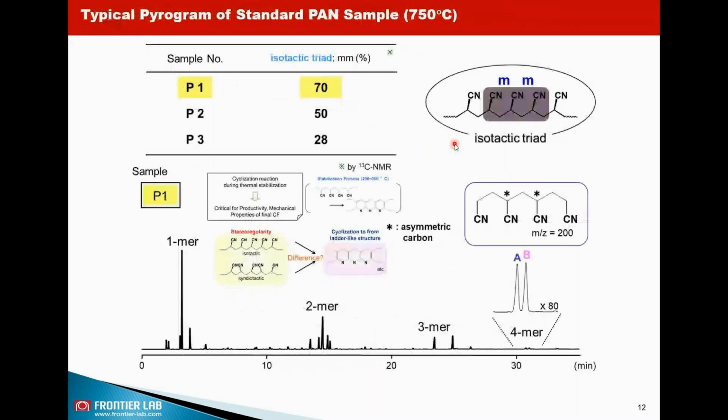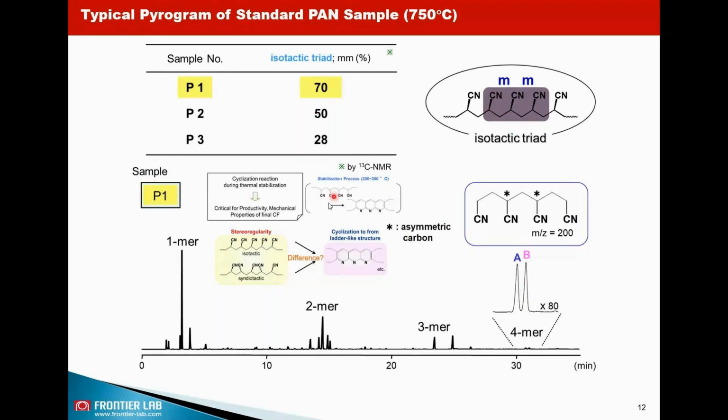We also took samples from the open market, of 3 different categories, labeled isotactic at 70%, 50%, and 28%. As I said before, if isotactic is the main isomer, then you have to see a larger peak area for A versus the other one, the racemo, for B. Based on the difference, one can calculate.